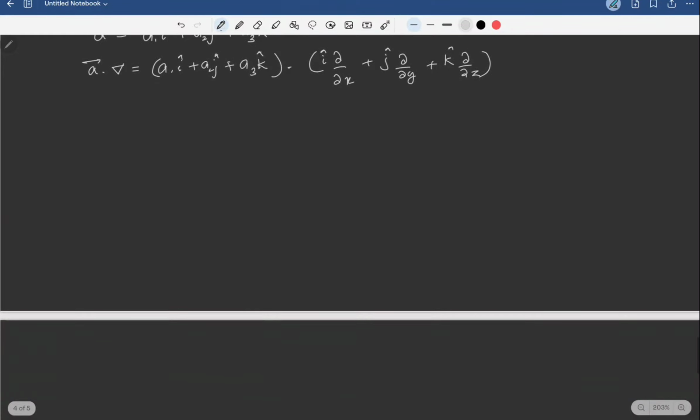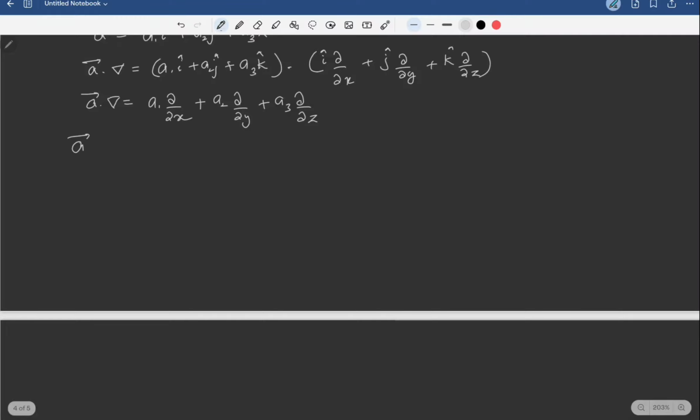Solving this we get a dot del is equal to a1, remember it has to be an operator, so I'm writing like this, del by del x, plus a2 into del by del y plus a3 del by del z.